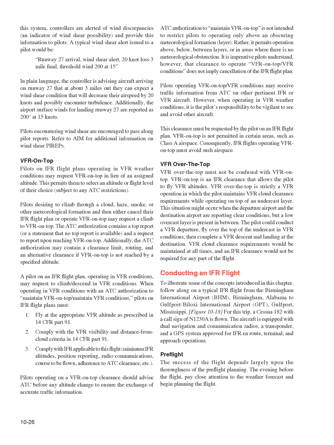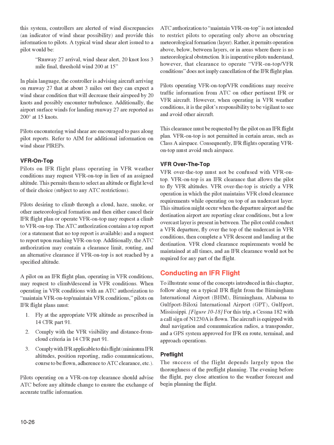ATC authorization to maintain VFR on top is not intended to restrict pilots to operating only above an obscuring meteorological formation layer. Rather, it permits operation above, below, between layers, or in areas where there is no meteorological obstruction. It is imperative pilots understand, however, that clearance to operate VFR on top/VFR conditions does not imply cancellation of the IFR flight plan.